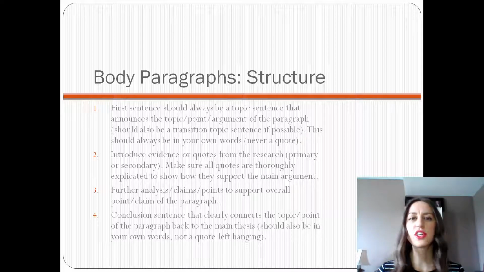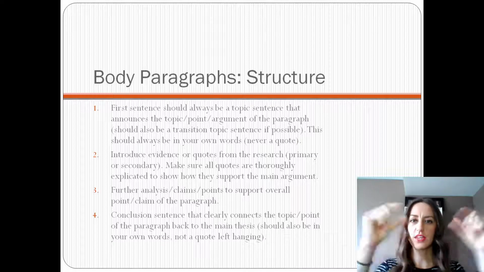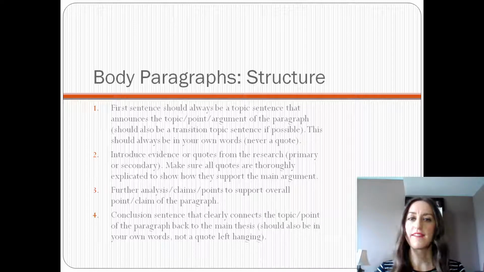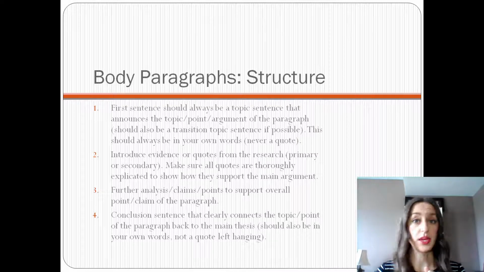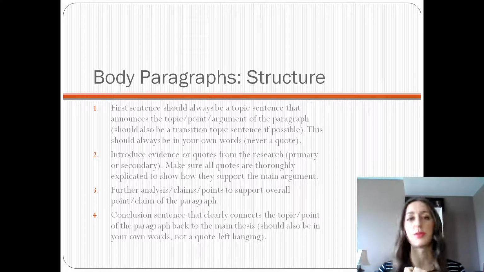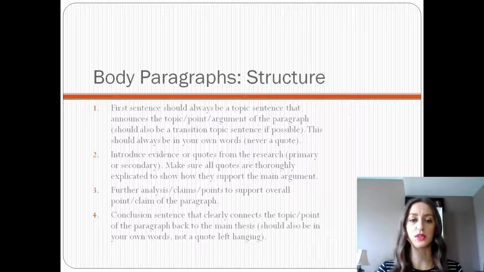I discourage quoting sources or quoting anything in your topic sentence. Try to say the point of your paragraph in your own words and then introduce your sources that are developing that point. I feel like that just makes for better flow and for stronger paragraphs because you are showing that you know the point of your paragraph and can say it in your own words.